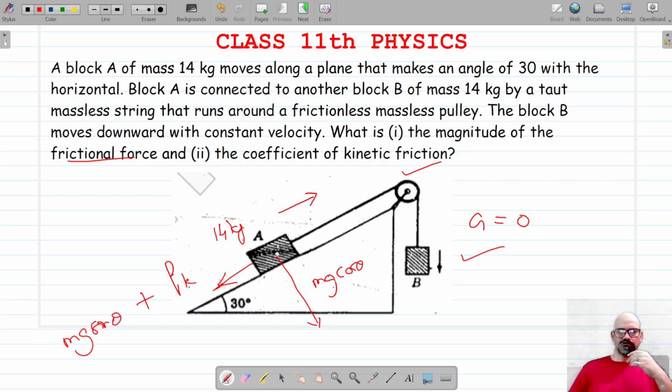This is the weight that is acting vertically downwards. This is 30 degrees, and now the block is moving up. So this is the tension T in the string. The weight is acting vertically downward. This is M2G, and this is the mass of the first block M1.